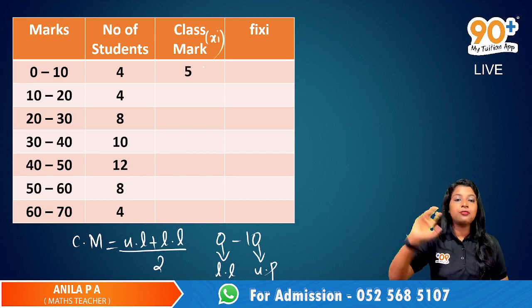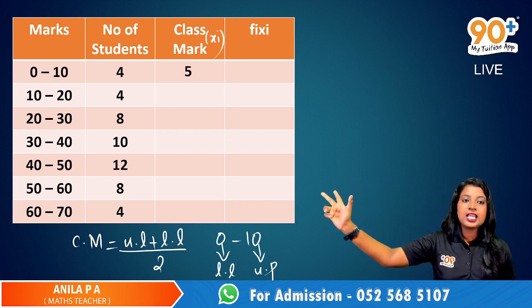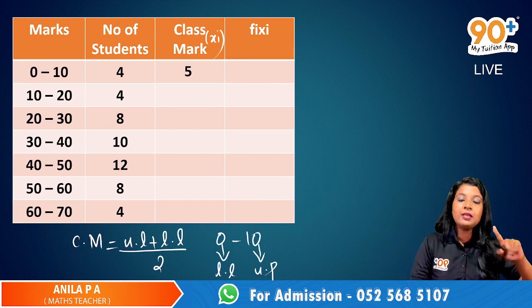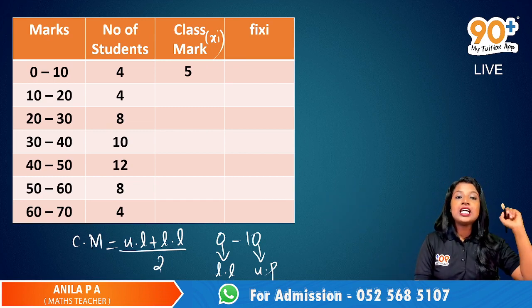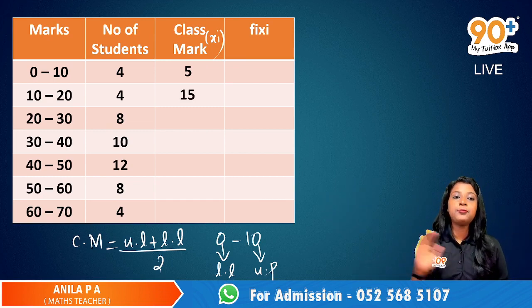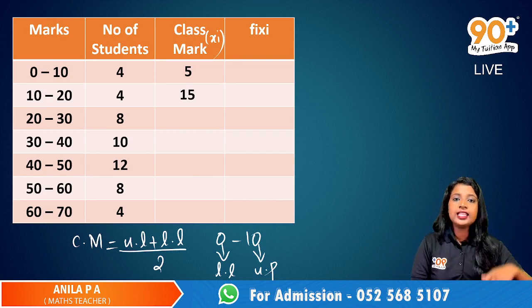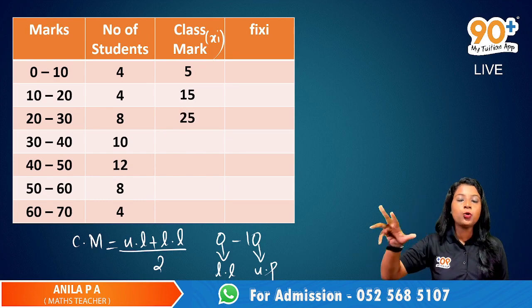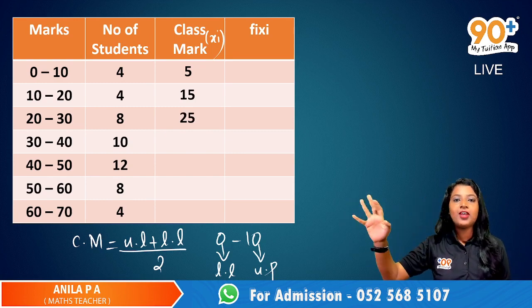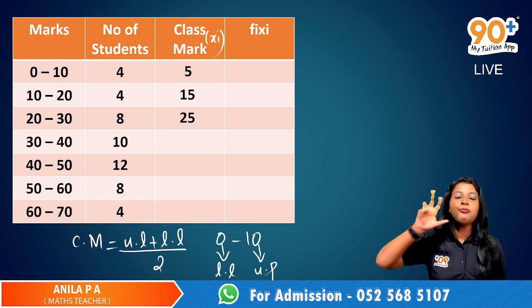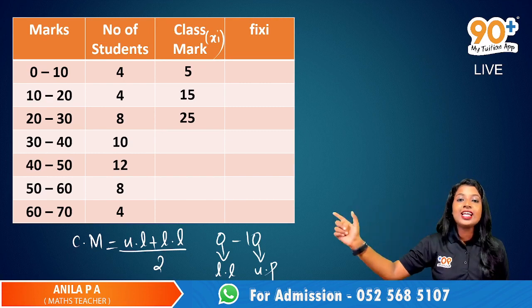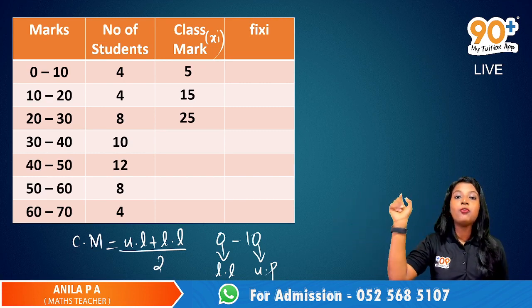Similarly, for the second one, 10 to 20 is the class interval. So 10 plus 20 by 2, which is 30 by 2, that is 15. Like that, you can find 20 plus 30 by 2 is 25. But without doing that, let me tell you one easy method. You are already familiar with this one. Just take a look at the class size, or the width of the class.